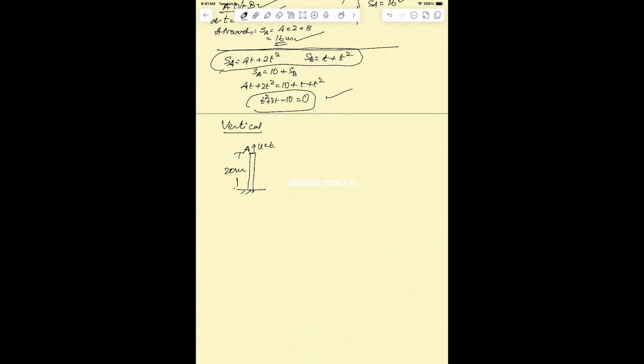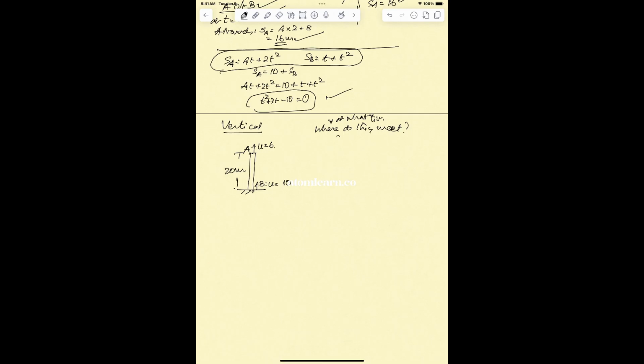At the same time, B is thrown vertically upward from the ground with an initial velocity of, let us say, 10 meters per second. Now the same question: where and at what time do they meet? Initial time equals 0.